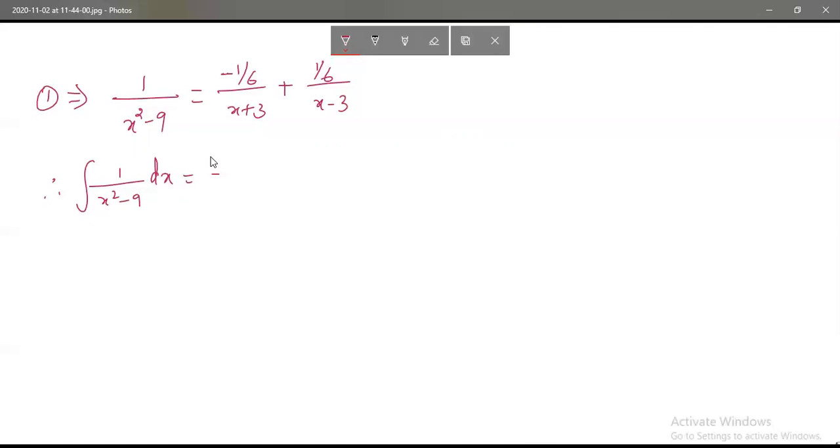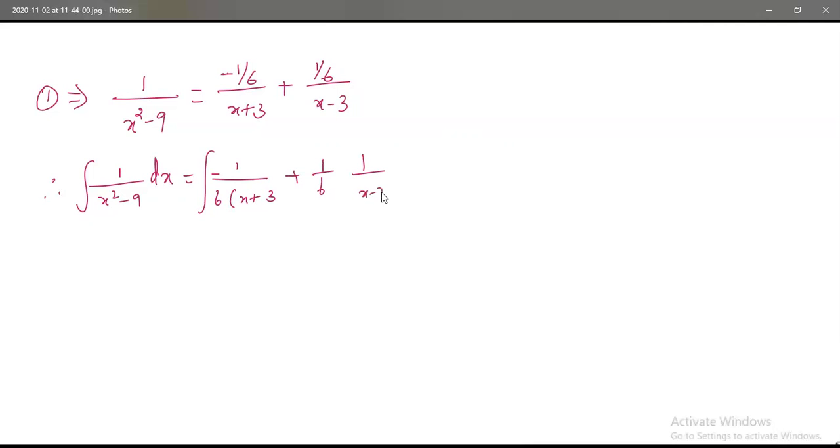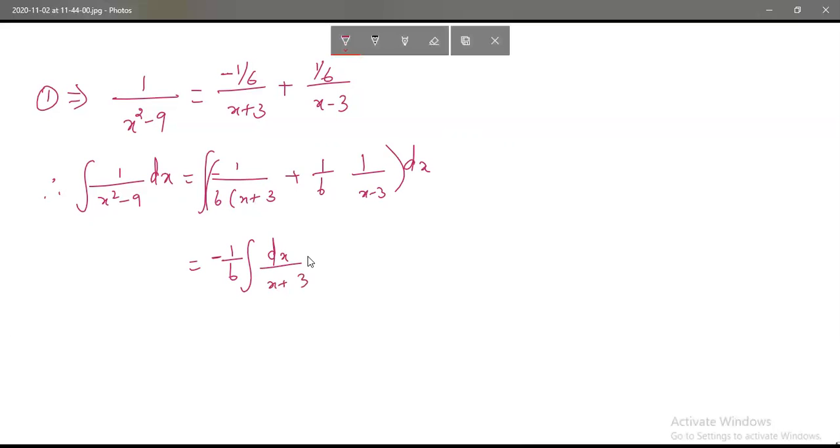But you can split it, or one time you can write it as it is and then you can split: minus 1 by 6 into x plus 3 plus 1 by 6 into x minus 3 into dx, and then you can split it. So minus 1 by 6 integral dx by x plus 3 plus 1 by 6 integral dx by x minus 3.